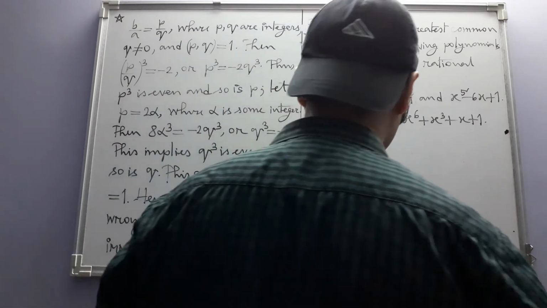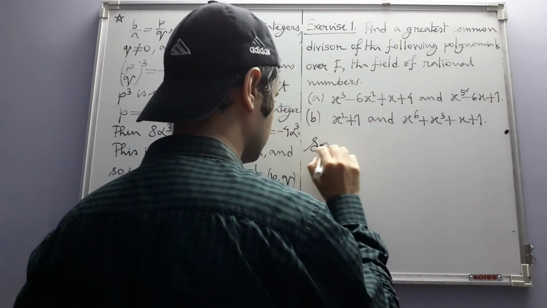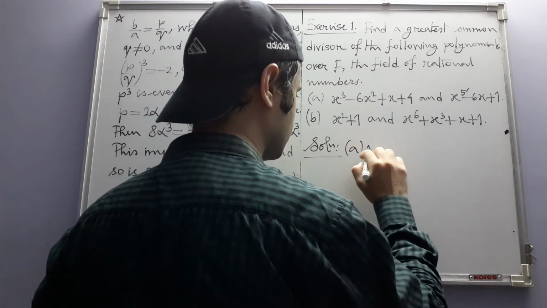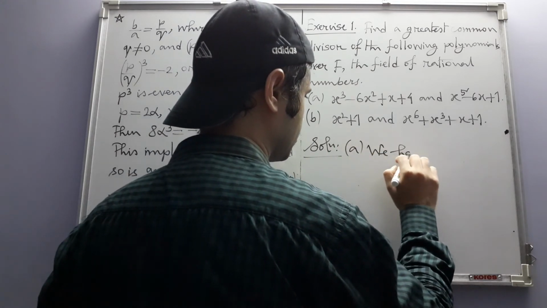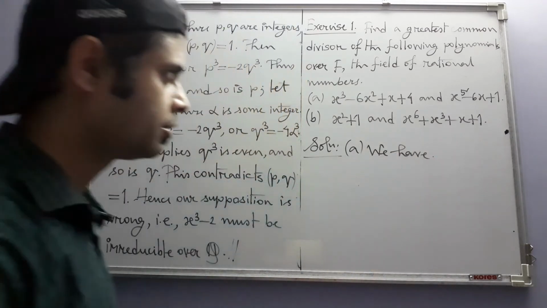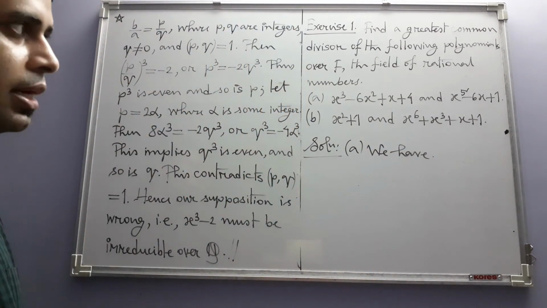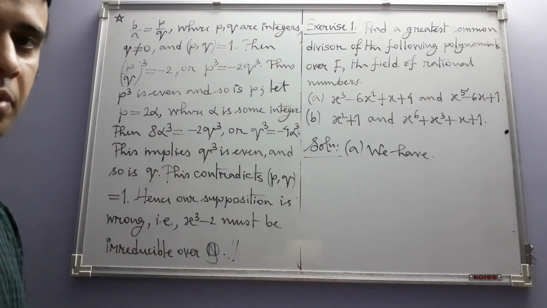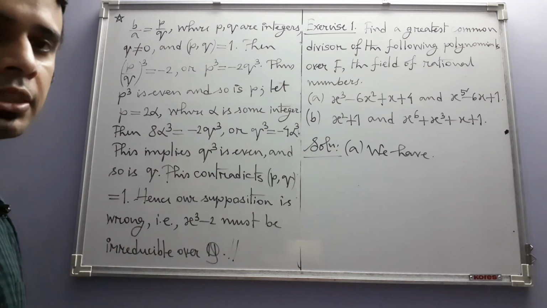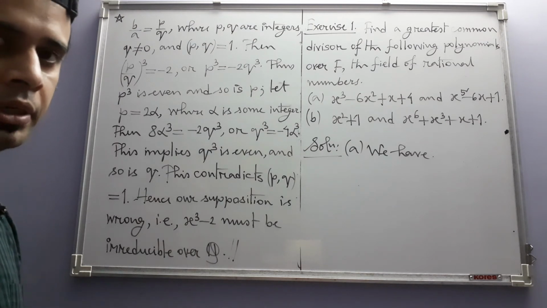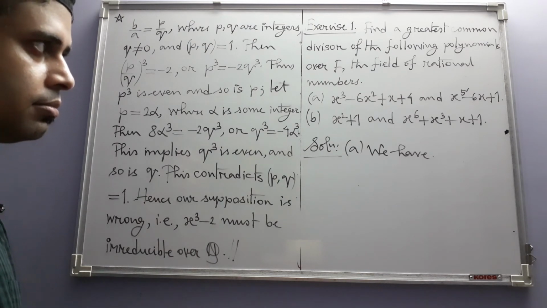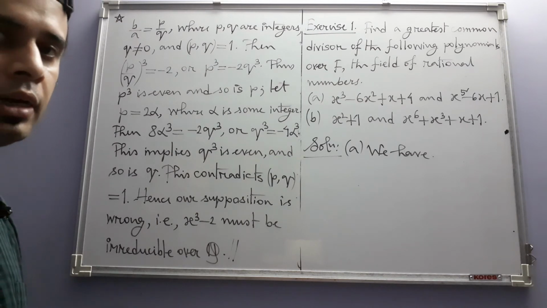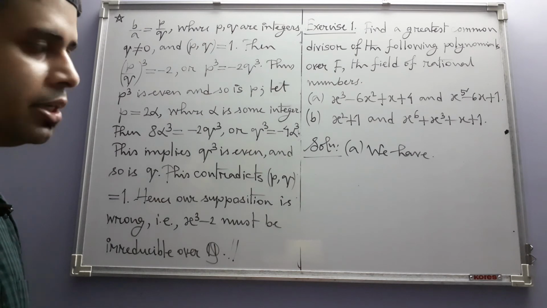Okay, so here is the solution. Recall the algorithm. You have to divide one polynomial by another, find the quotient and the remainder, then divide the divisor by the remainder, and keep repeating it until you get a zero remainder, that you will get at some stage after finitely many steps.